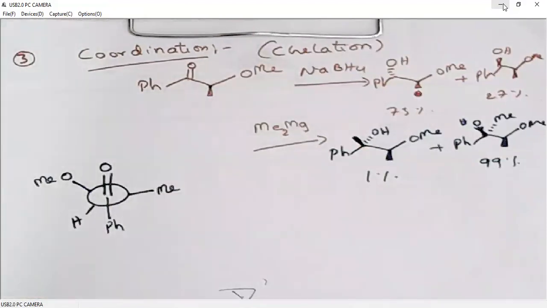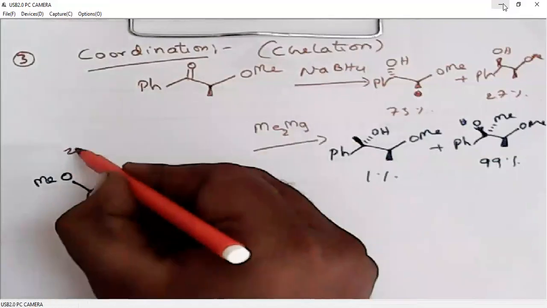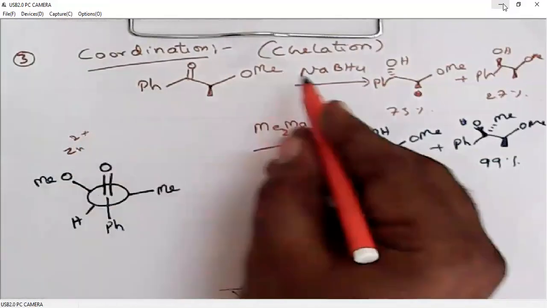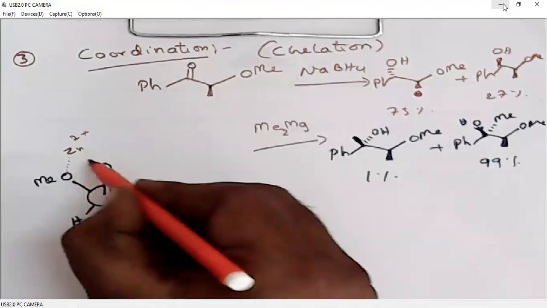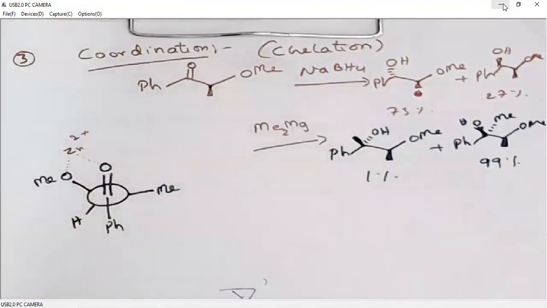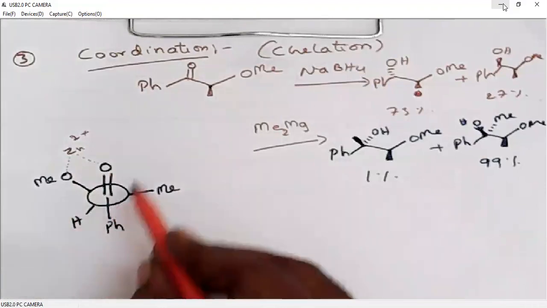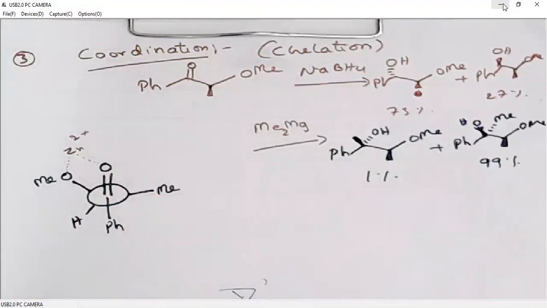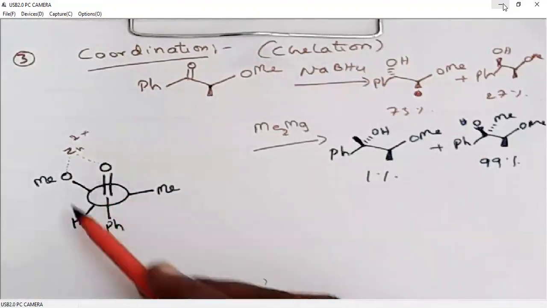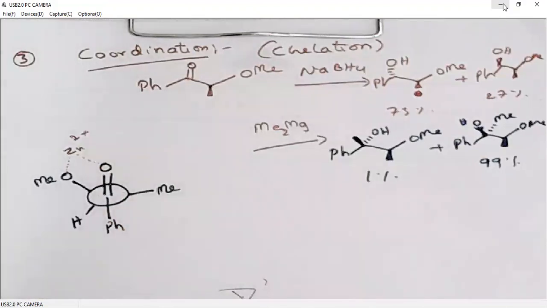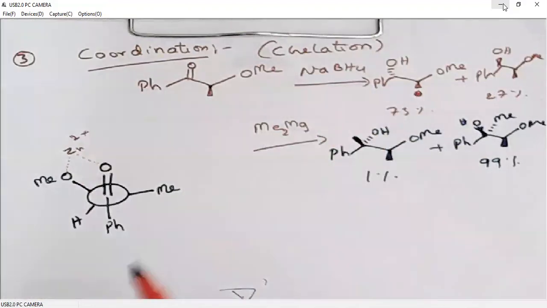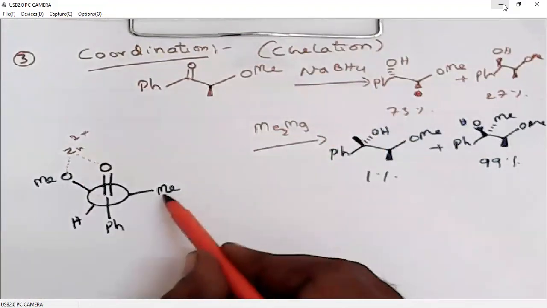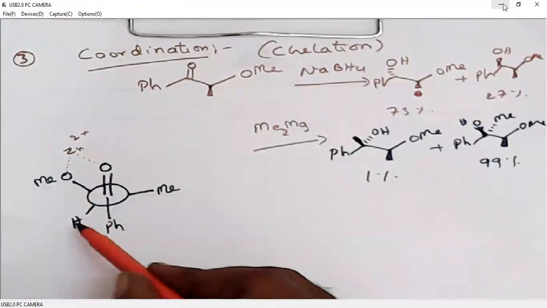When we place it like this, what happens? The zinc 2 plus, which is capable of coordinating, will now coordinate to both this OMe group and the carbonyl group. Because of this chelation, this conformation is more stable. If there is no chelation, that means in the case of sodium borohydride, we will place OMe here, methyl here, hydrogen here.